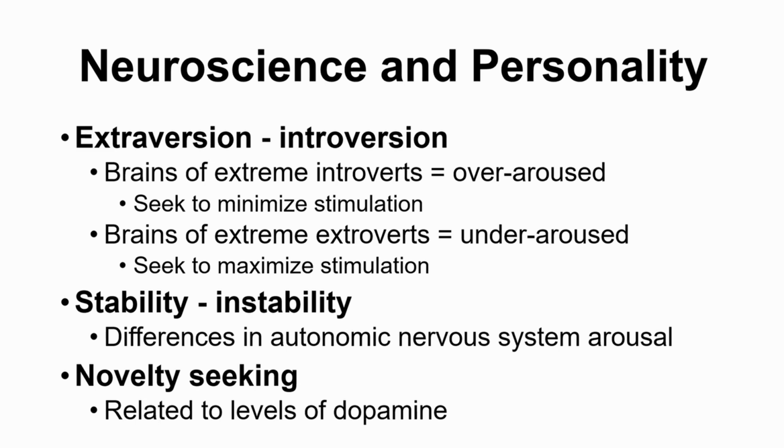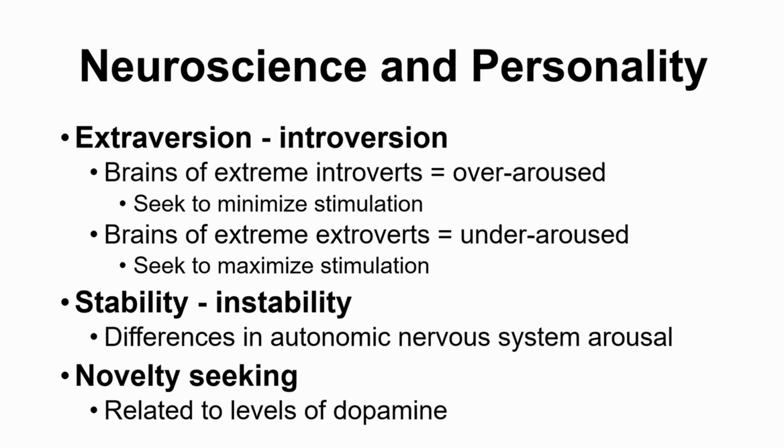The people that would like to stay home and avoid being out with others have too much activity, but if we frame it as their brains are overactive and therefore they seek environments with minimal stimulation to achieve sort of their optimal level of activation, that kind of makes sense. And in contrast, extroverts tend to have reduced amounts of nervous system activation, meaning that they might seek out more stimulating environments to raise those levels of activation and once again obtain a more optimal balance.